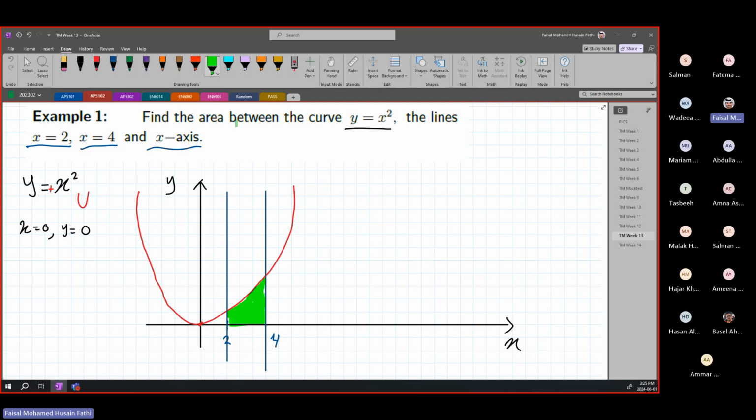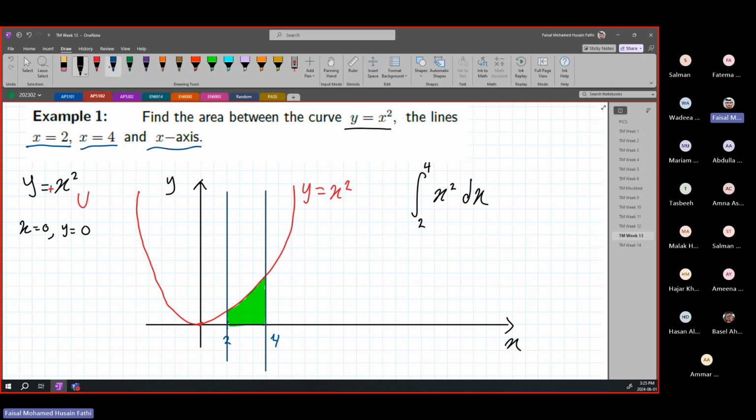If you notice, this is a very simple example. All you need to do is, our function is y equals x squared. We're going to integrate from 2 all the way to 4, where the shaded area is, of x squared dx, and then you just solve for it.